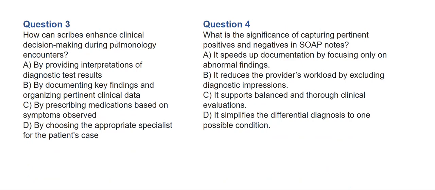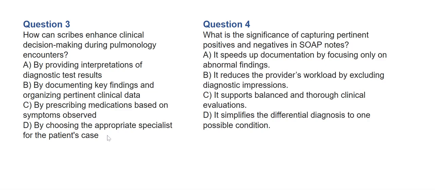Question 3. How can scribes enhance clinical decision making during pulmonology encounters? A. By providing interpretations of diagnostic test results. B. By documenting key findings and organizing pertinent clinical data. C. By prescribing medications based on symptoms observed. Or D. By choosing the appropriate specialist for the patient's care.